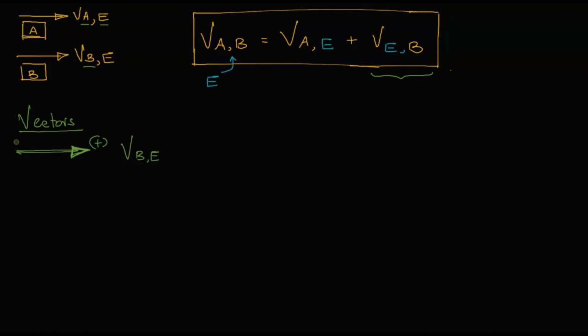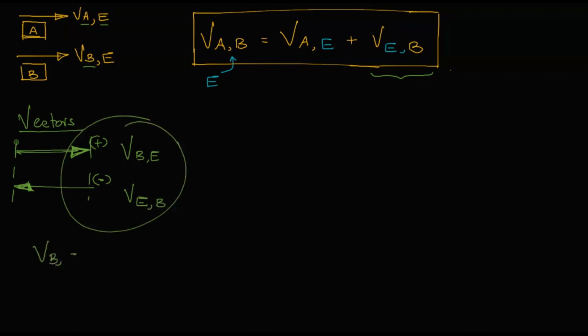The same vector, of the same length but on the opposite side, is considered a negative vector, and we will call it VEB. So in general, VBE is the negative of VEB. That means the velocity of B with respect to the Earth is the negative of the velocity of Earth with respect to B.